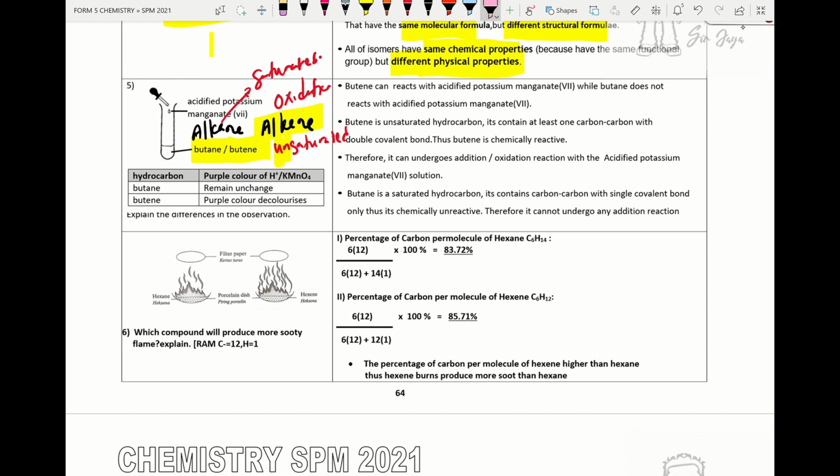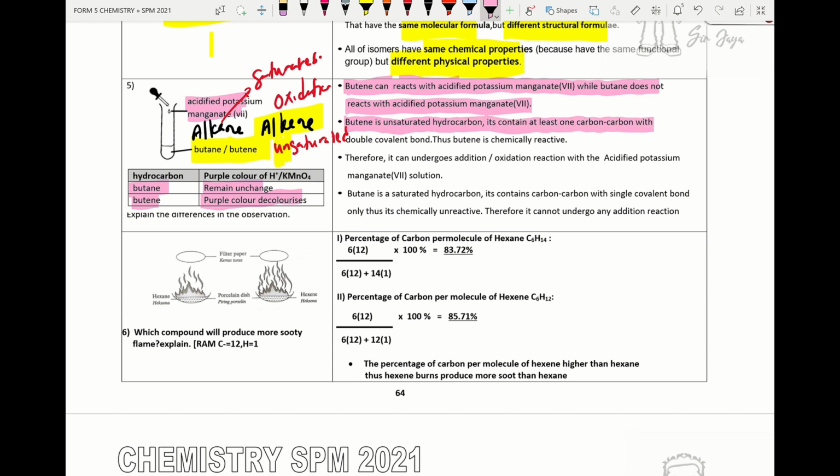In this case they put butane, when they add a few drops of acidified potassium manganate(VII), the purple color remains unchanged, and once they add butene, the purple color solution decolorizes. Explain the observation. So butene can react with acidified potassium manganate(VII), while butane does not react with acidified potassium manganate(VII).